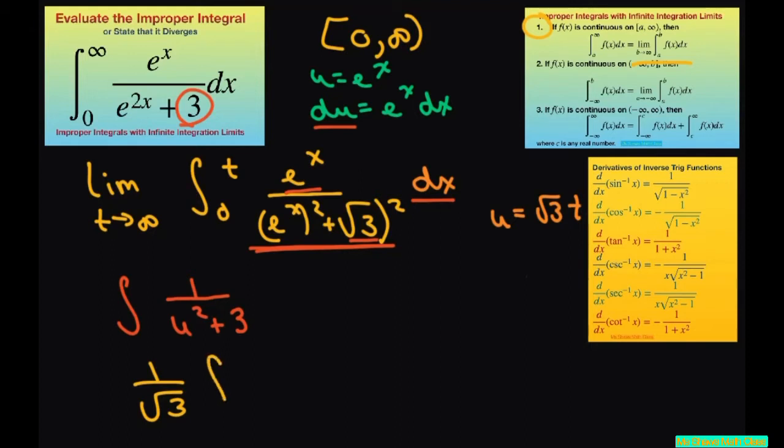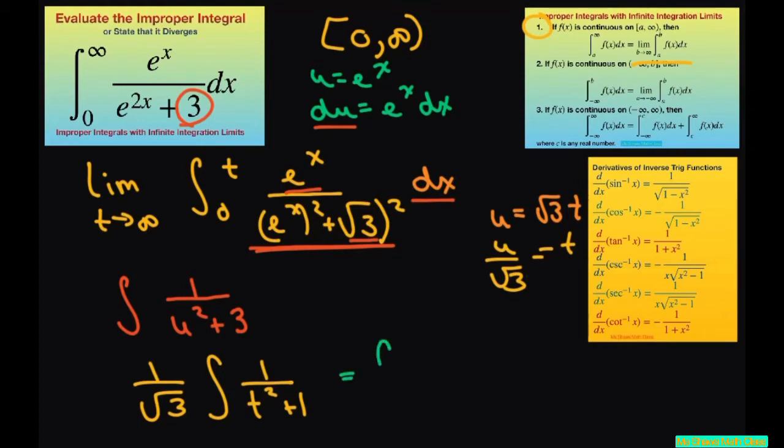And then we're going to have the integral of 1 divided by t squared plus 1. All right. Now t is going to equal u divided by square root of 3. So I can rewrite this now as u square root of 3.